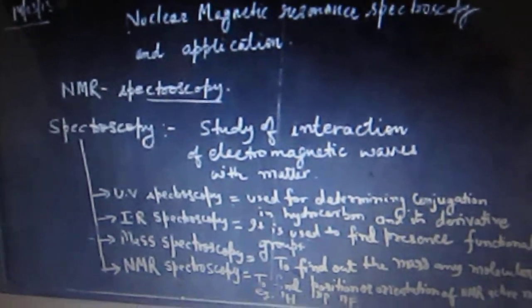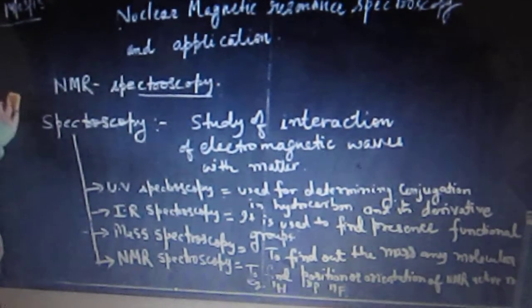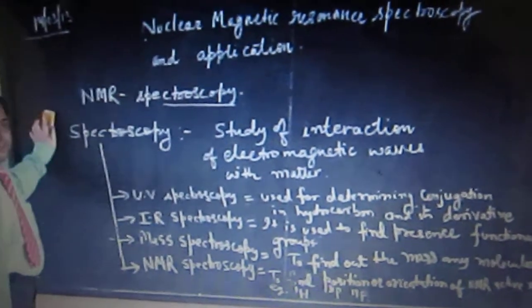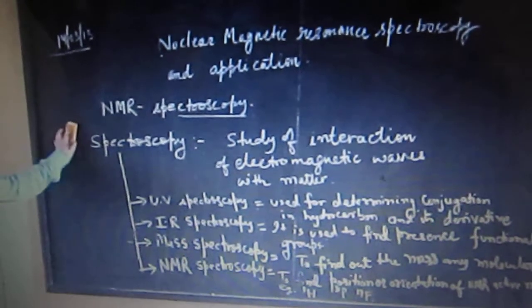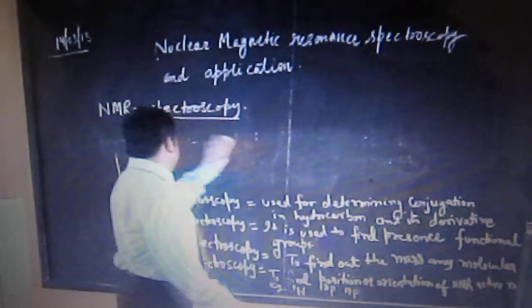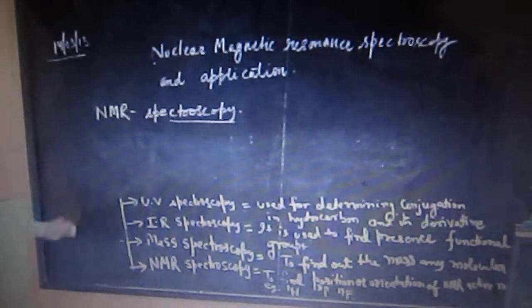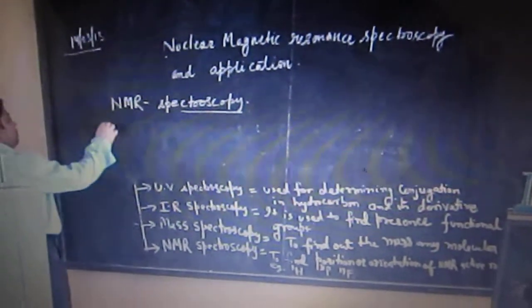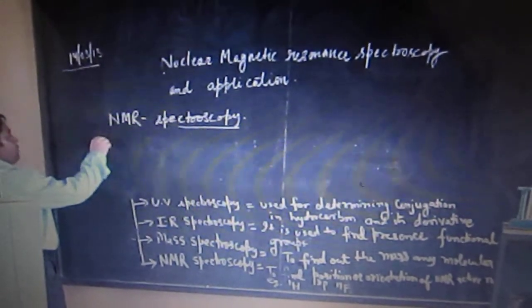As I had discussed earlier, the nuclei which have an odd number of protons show activity towards radio waves in the presence of an external magnetic field. Such nuclei are called NMR active nuclei.